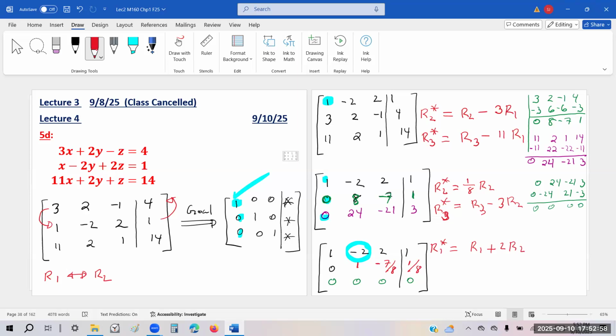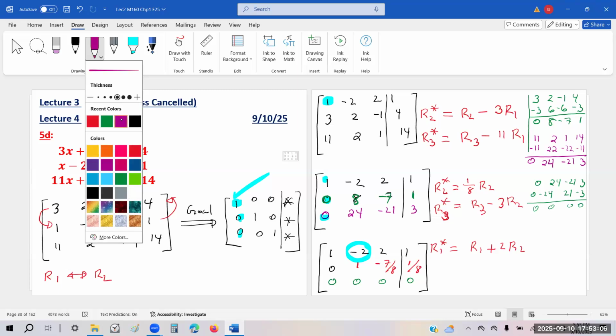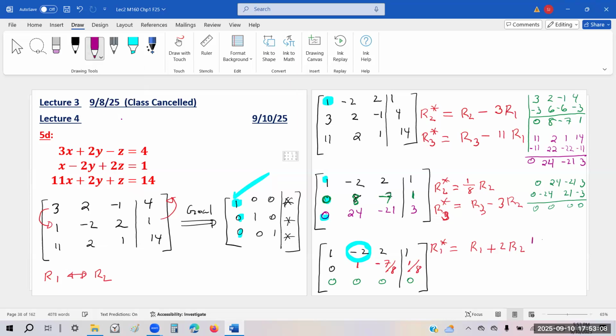Let's do the math, then you'll understand. Current row 1 is 1, negative 2, 2, 1. If you multiply row 2 by 2, you get 0 times 2, 0. 1 times 2 is 2. Negative 7/8 times 2, what do you get?